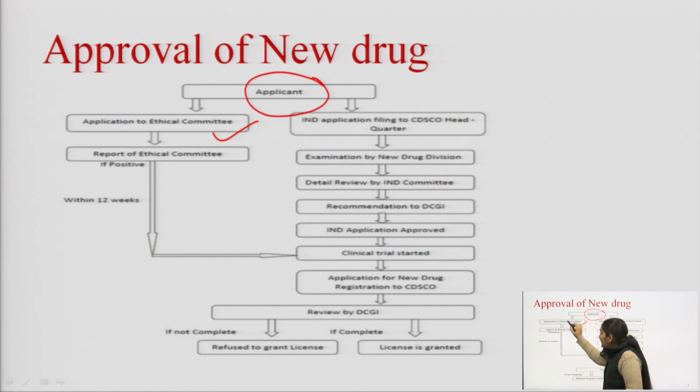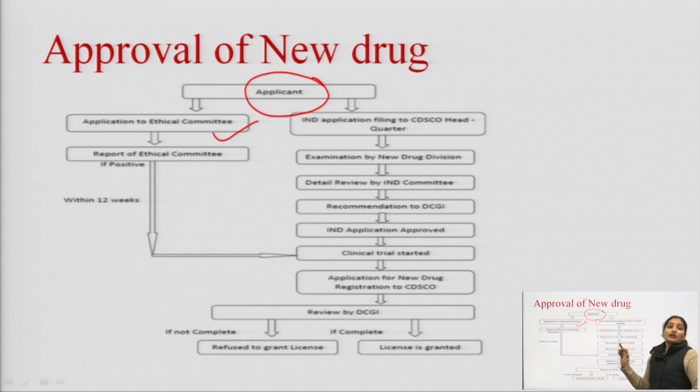This ethical committee will prepare a report on the basis of the study protocol that is submitted to it, and within 12 weeks this ethical committee will give the permission to conduct the clinical trial.